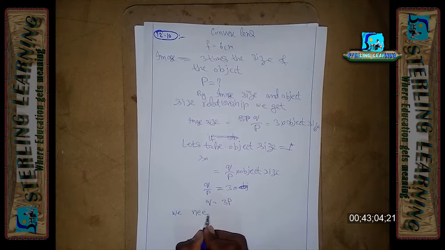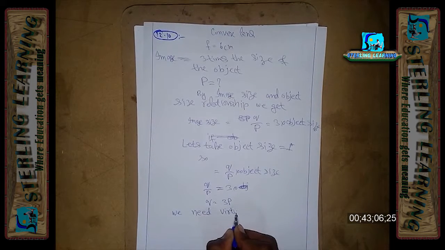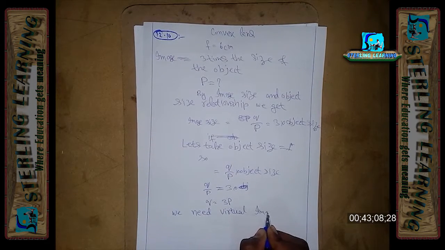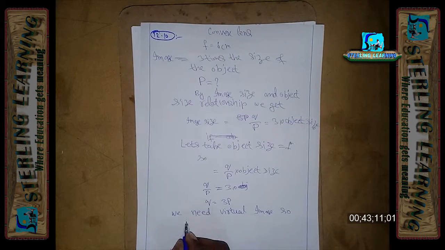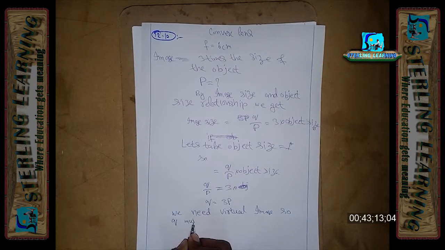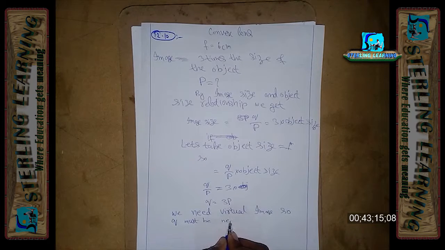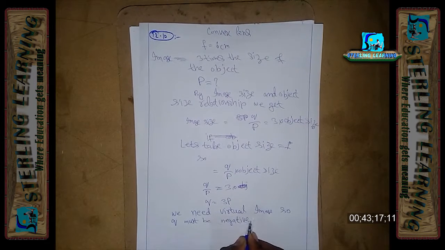We need a virtual image, so Q must be negative. Q is equal to minus 3P.